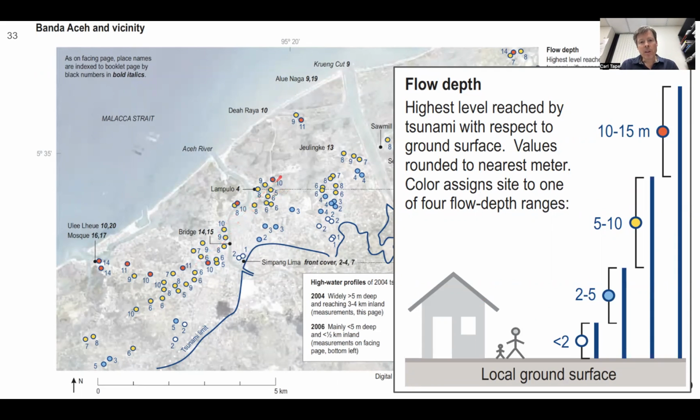So as you get closer, the highest recorded wave heights of 10 to 15 meters, 14 meters here, are closest to the shore. And as this water comes in to land, it spreads out, slows down, and in this case, eventually diminishes. But it's just a staggering volume of water coming in when you look at this picture and think about a wave front with so much water behind it, just carrying so much debris.